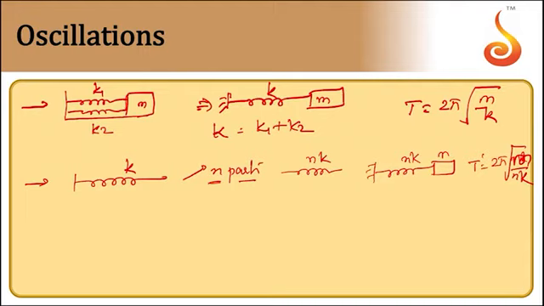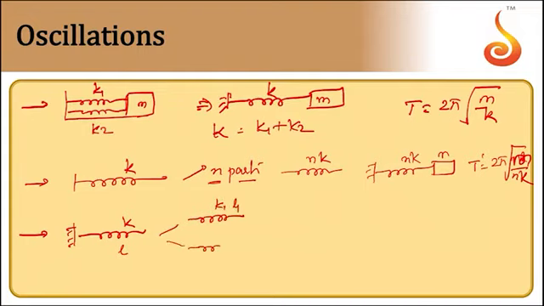So, the question that now arises is, what if the spring is cut into unequal parts? Suppose the spring is cut into unequal parts, then what to do? You have done it while doing forces. This is K and spring length is L, and this is cut into two parts like this.